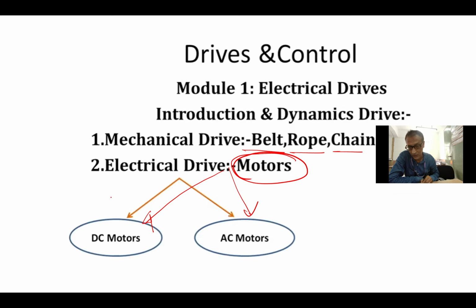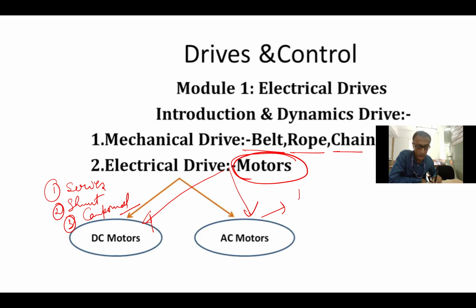DC motors are: number one, series; number two, shunt; and number three, compound. And AC motors involve induction and synchronous. Okay, so these are the divisions.